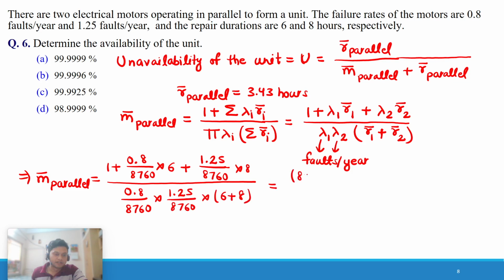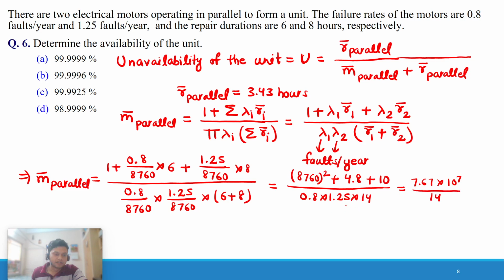So doing all simplification, you will get 8760 square plus 6 into 0.8, 4.8 plus 10, divided by 0.8 into 1.25 into 14, 7.667 into 10 power 7 divided by 14.